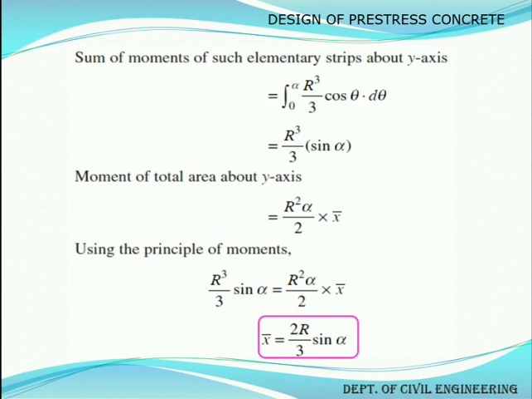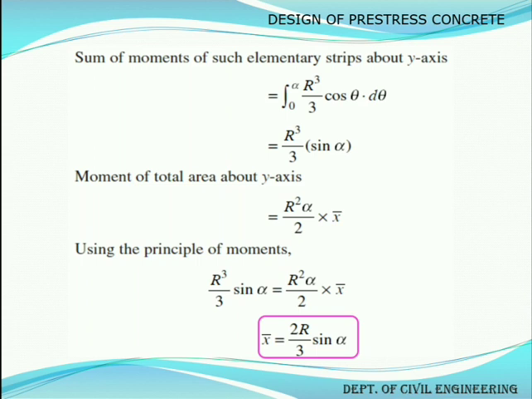So moment of the total area about y-axis will be given by area of a sector, which is r square alpha by 2 into x bar. So remember this relation, r square alpha by 2 is the area of the sector, and as we are finding the moment about y-axis, we have to multiply the perpendicular distance, which is nothing but x bar.